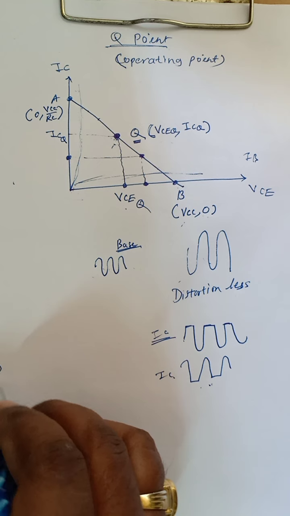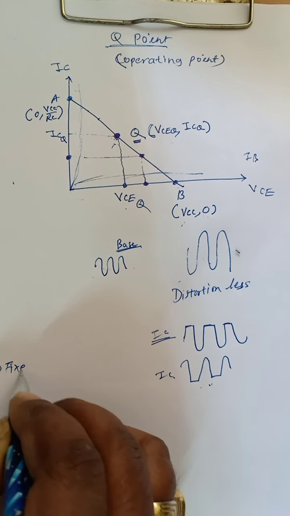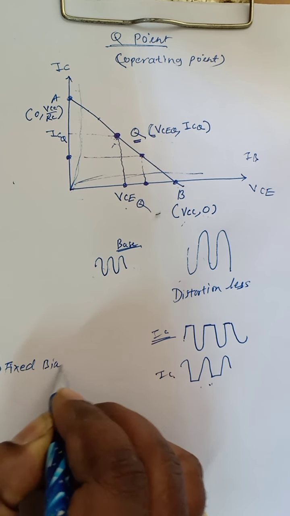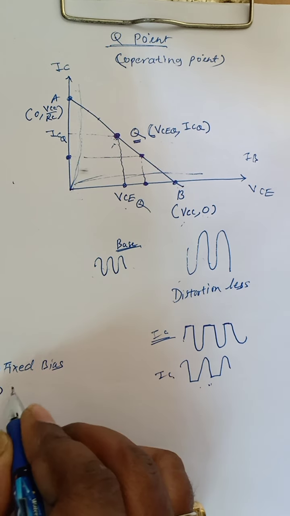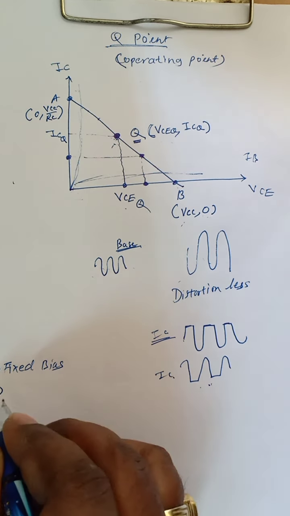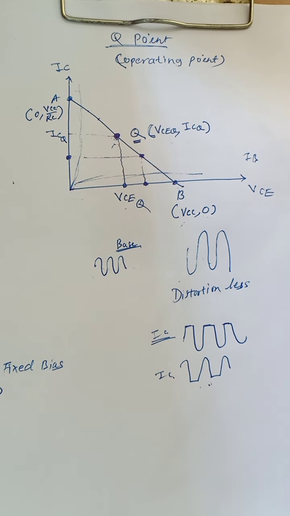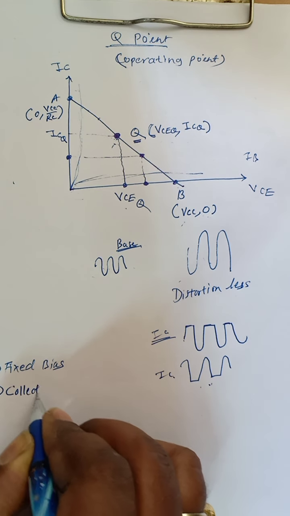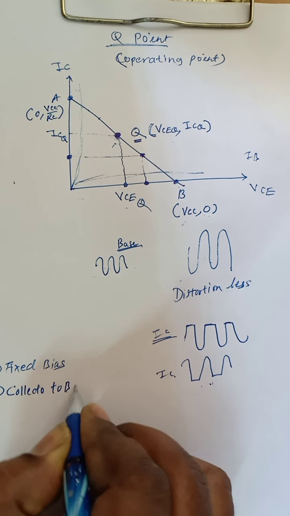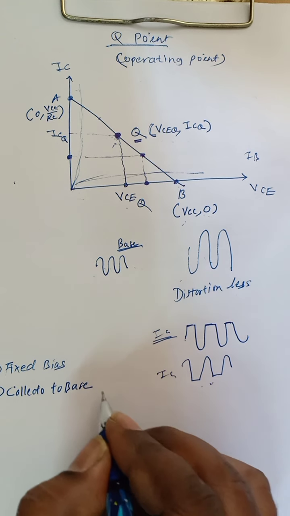So the first bias is fixed bias. The second bias is base to collector coupled bias, that is, collector to base bias.